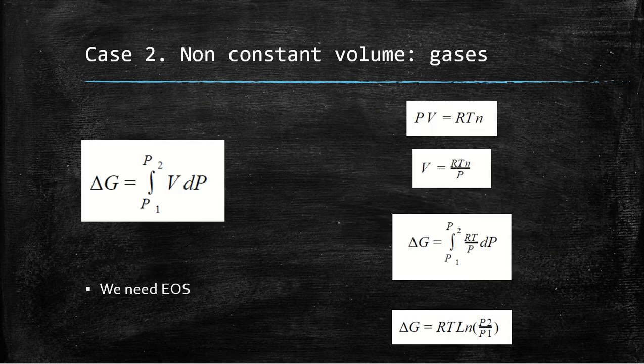But in the second case we have non-constant volume, and in this case they are gases, because depending on the temperature they are going to increase or decrease their volume. So in here the delta G cannot be reduced to that equation because volume remains inside of the equation.